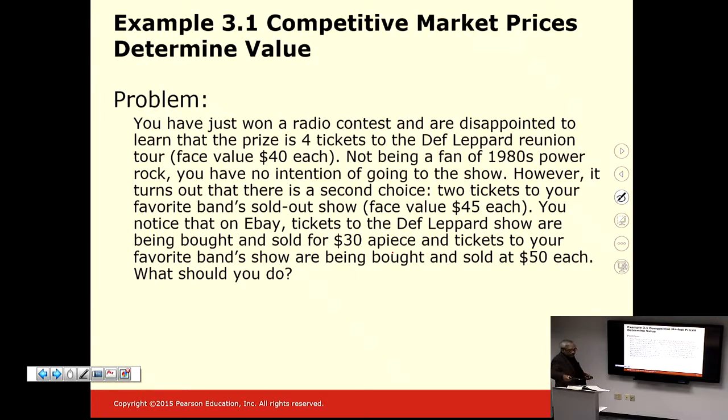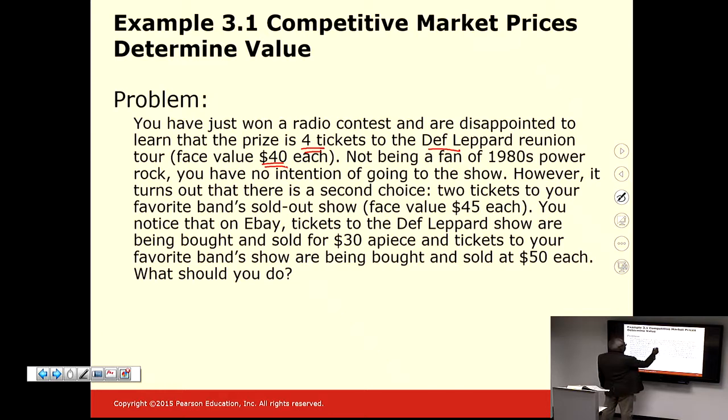So here is an example of how to determine value. It's, in some sense, a silly example, but nonetheless, it makes the point very well. You won a radio contest and learn that the prize is 4 tickets to Def Leppard with a face value of $40 each.